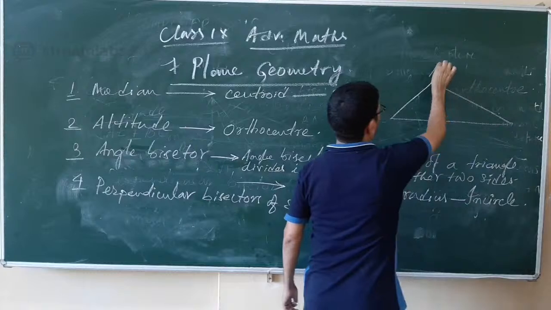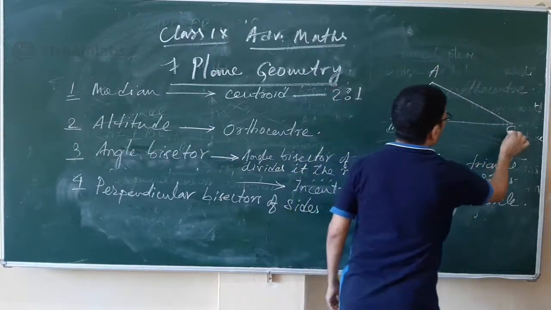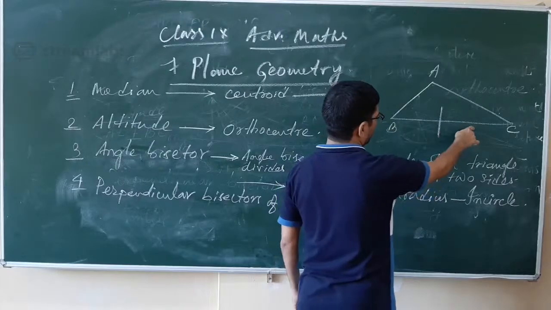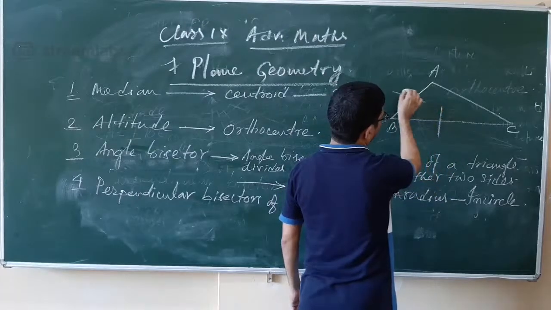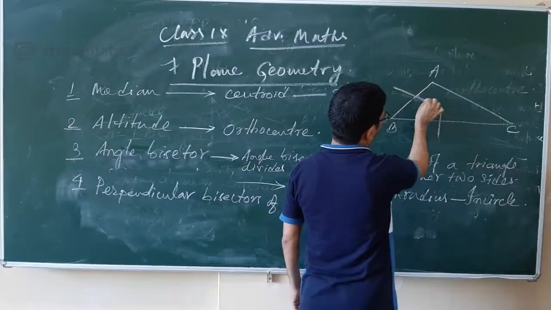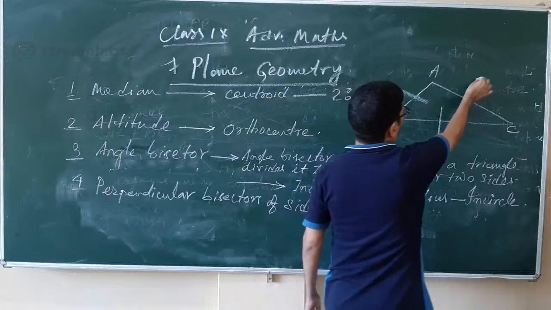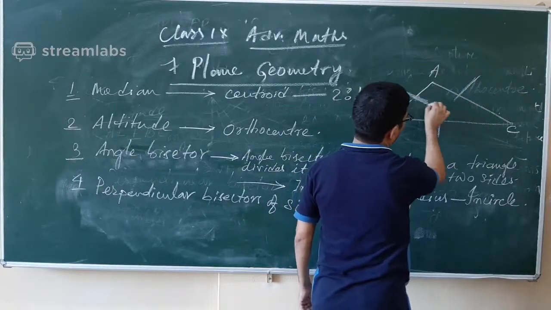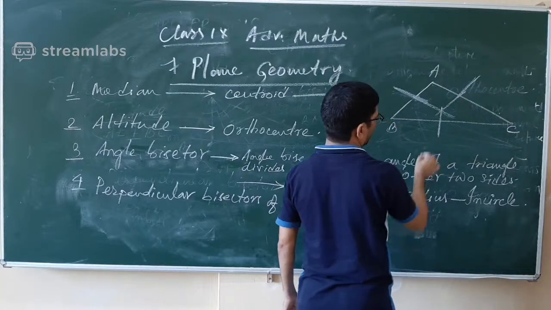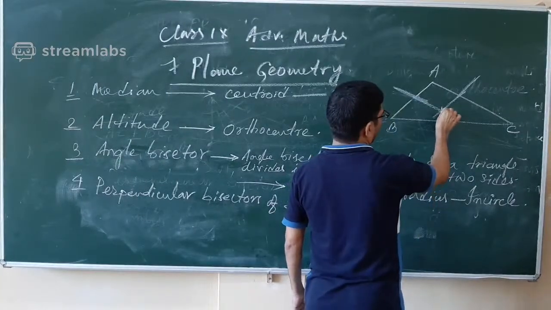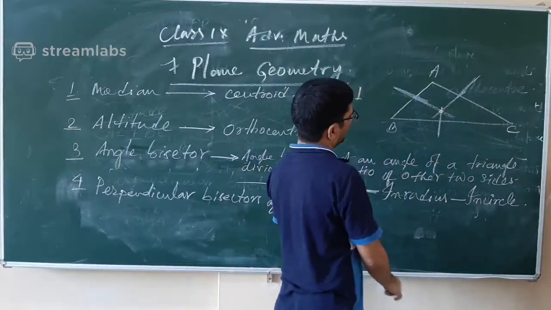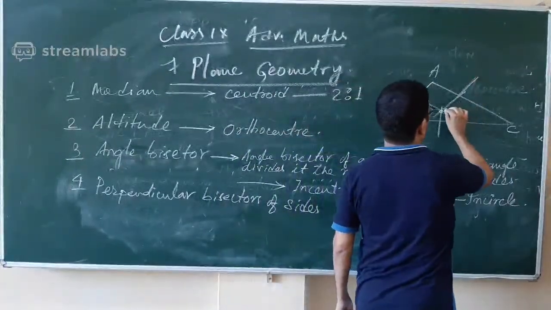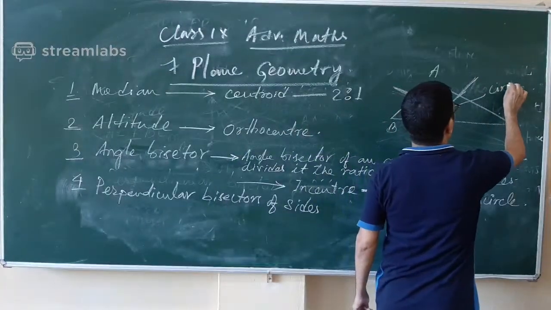In this triangle ABC, this is the perpendicular bisector of BC, this is the perpendicular bisector of AB, and this is the perpendicular bisector of AC. When these three meet at a point, this meeting point of the perpendicular bisectors of the sides is called the circumcenter.